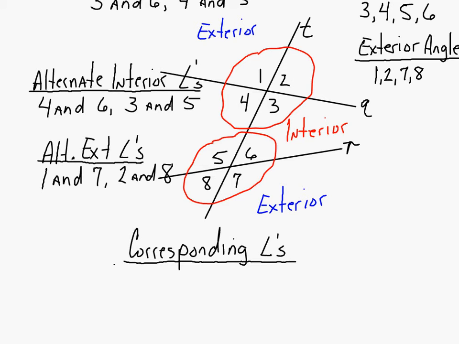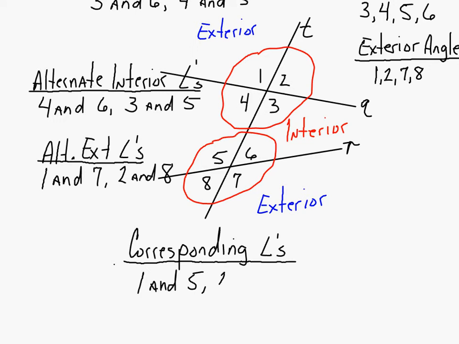Corresponding angles hold the same position in their group of angles as something in that same position in another group of angles. If you look at angle 1, it's in the upper left-hand corner of its group, and so is angle 5. So 1 and 5 are corresponding angles, one pair.